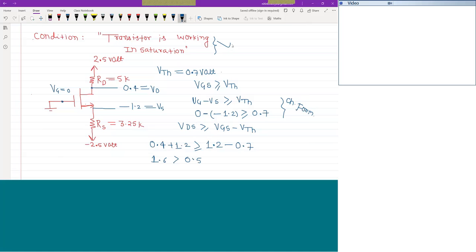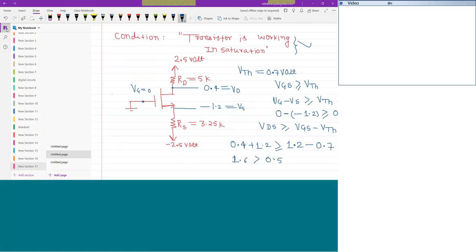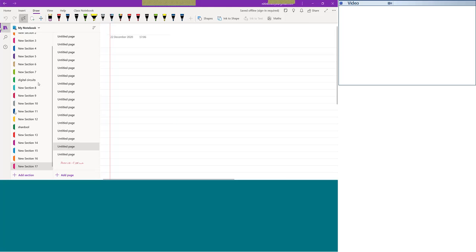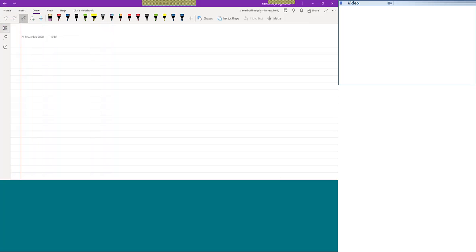Let's take one more example and let's understand this, how this will work. The question is, let's move to the example number 2.